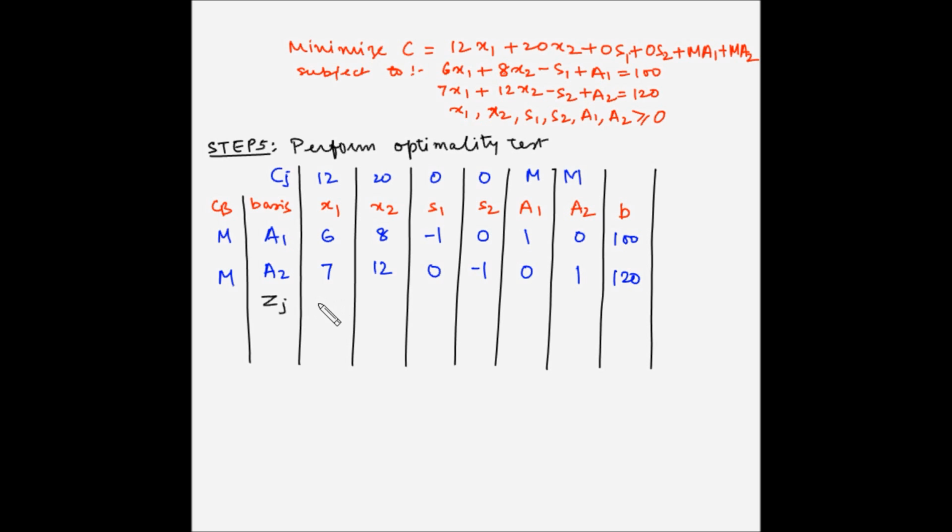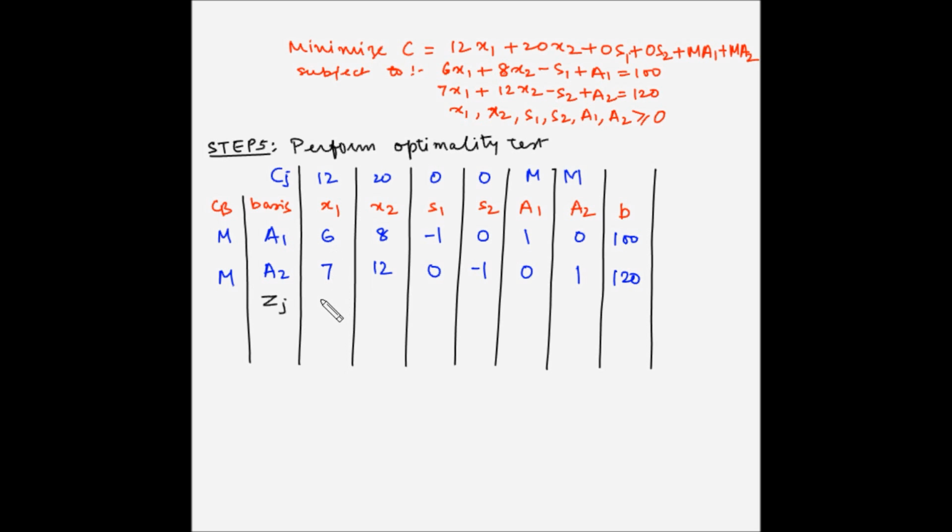Now Zj values for the jth column are obtained by adding the products of the elements under that column with the corresponding CB values.